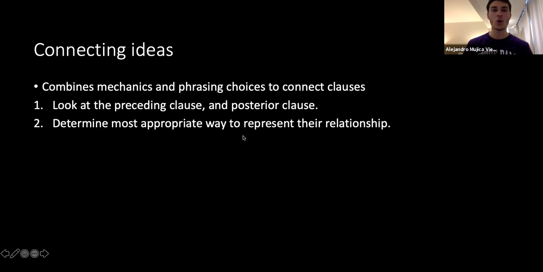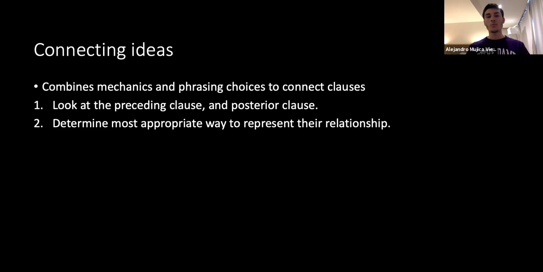Okay, so moving on to connecting ideas. This type of exercise generally combines mechanics, so we're talking about punctuation here mostly, and phrasing choices to connect clauses or ideas. So what we do here is we look at the preceding clause and the posterior clause. This might be like 2 sentences that are connected by the underlined portion, or like there's a comma in between, or there's just an underlined portion, but we have commas in the options for answers.